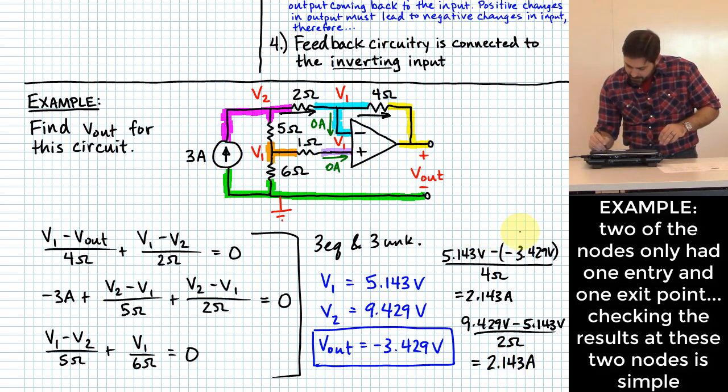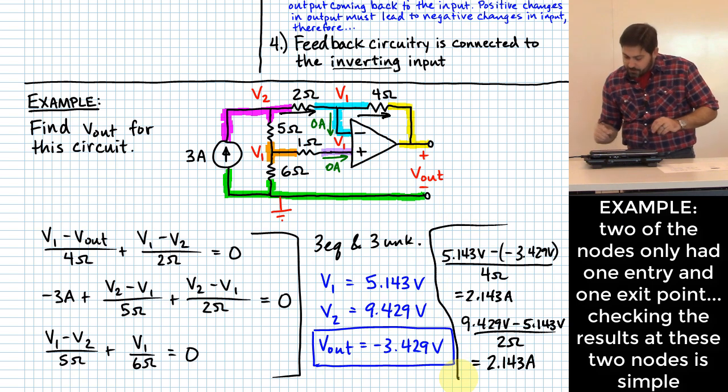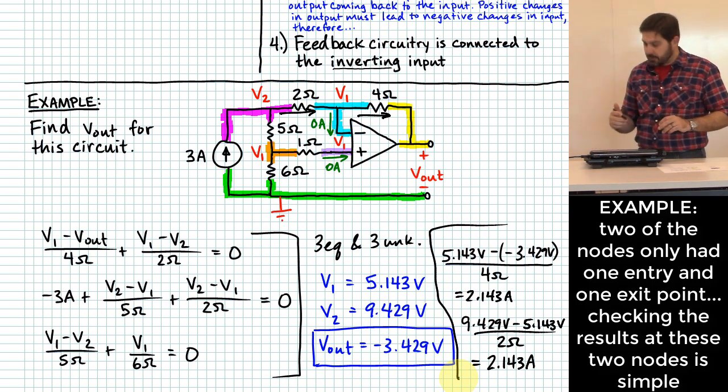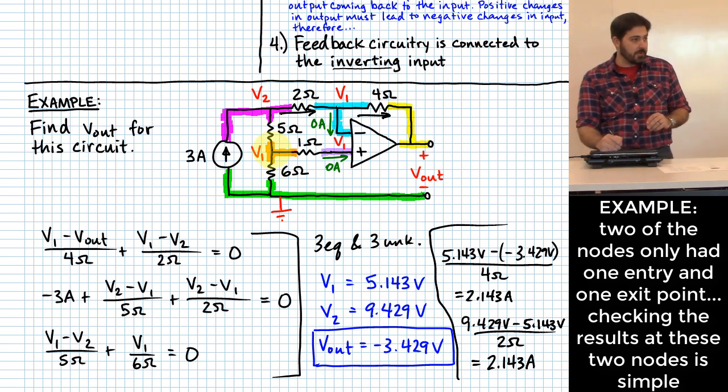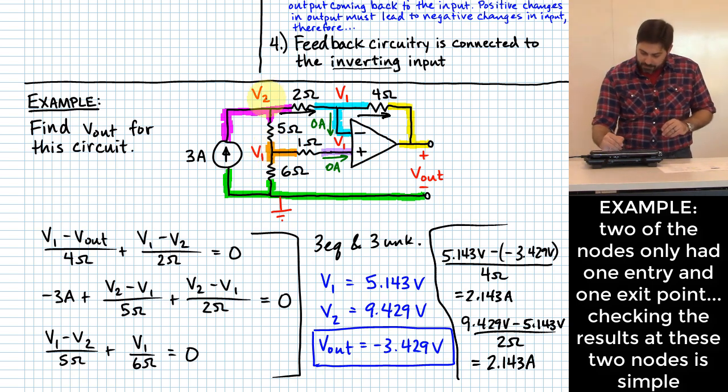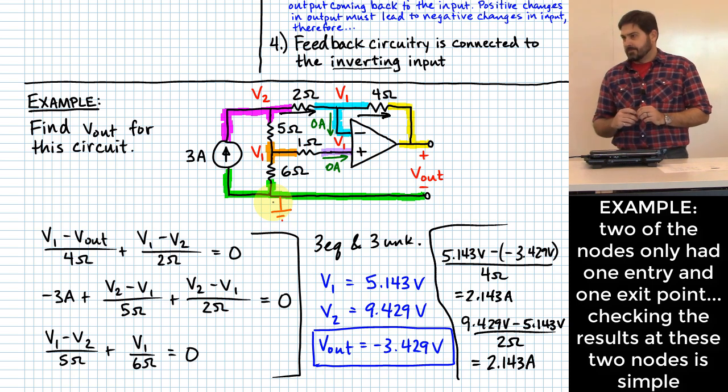And I'll tell you what, I don't think I need to do that again, but we could do a very similar kind of thing for the orange node and see whether or not we had the same amount of current flowing from V2 to V1 as from V1 to ground. Okay?